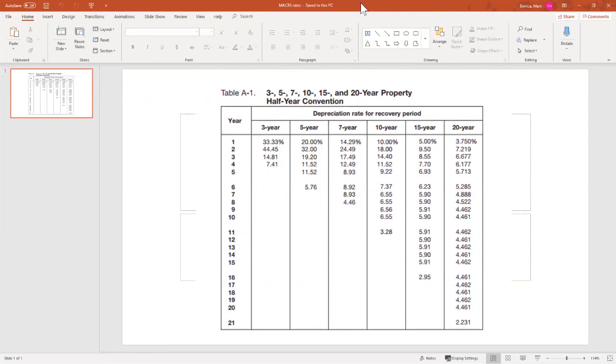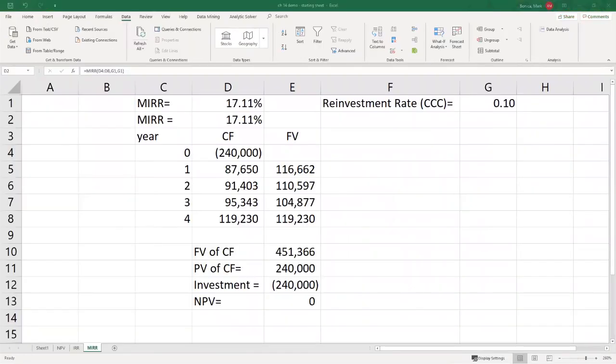So this file is on Canvas. I'm going to quickly tweak our assumptions here.